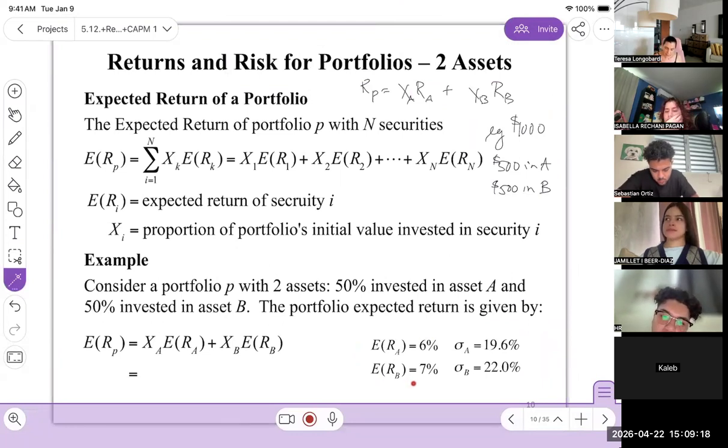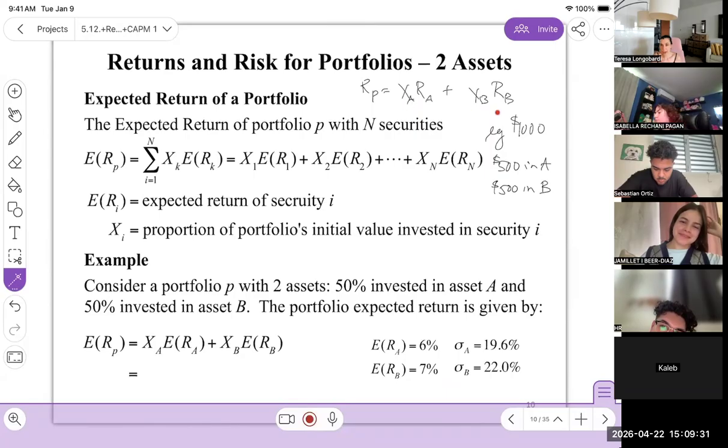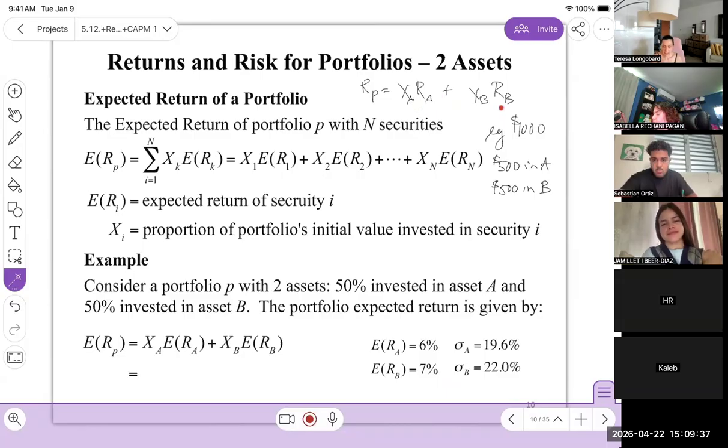It turns out that this is another average, right? This is a weighted average. If I use 50% and 50%, this is just like a regular average because it's even, but it doesn't have to be 50-50. So this is a weighted average of returns.